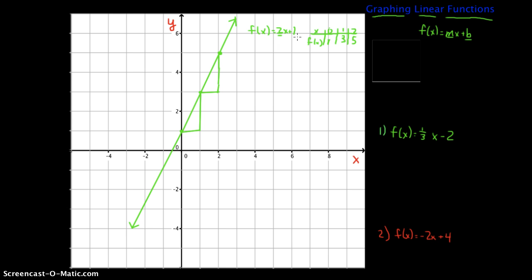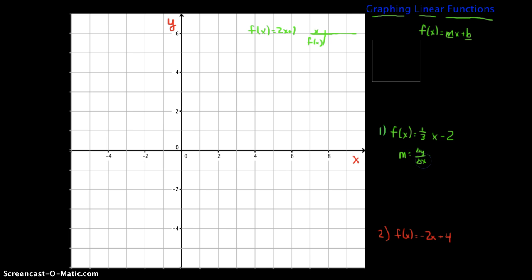Let me get rid of all this stuff that we just did. Now I'm going to show you how you can use the slope and the y-intercept to graph this function. It looks like it won't let me undo it anymore. Okay, so we've got this function here. My slope, which I represent with the letter m, is always change in y divided by change in x.